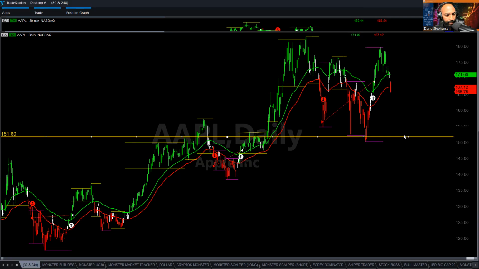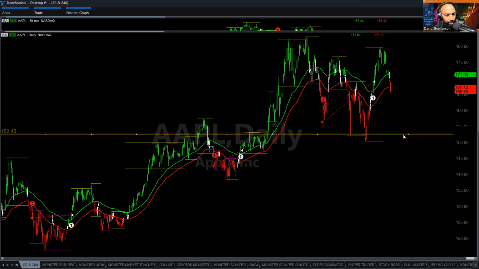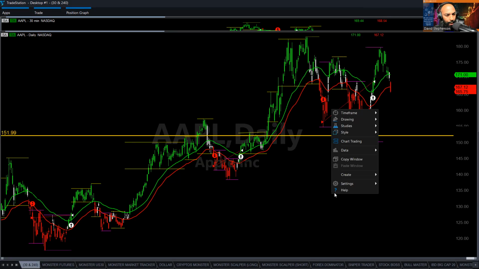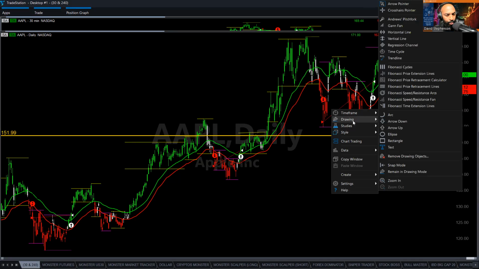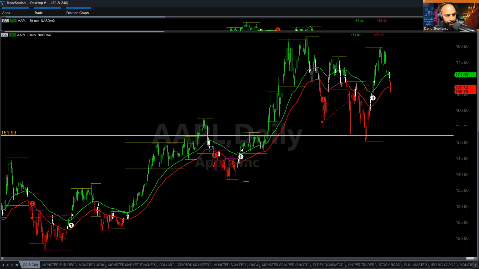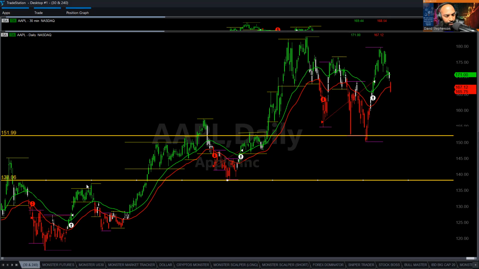So 152, 153 right here. And then your next support area would be down in here. Previous resistance is now support. So 138. But your first target, 151, 152, right in here, then your next target here. All right, does that help?